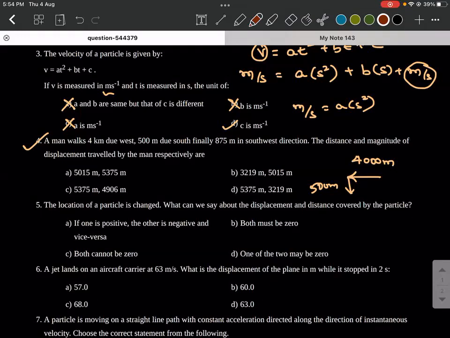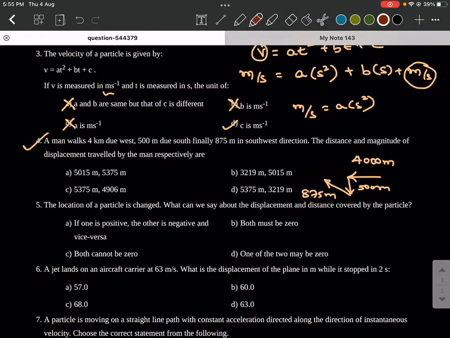So southwest is to the left. By what angle? 45 degrees. Okay. So it is 500 meter and this distance is how much? It is 875 meter.